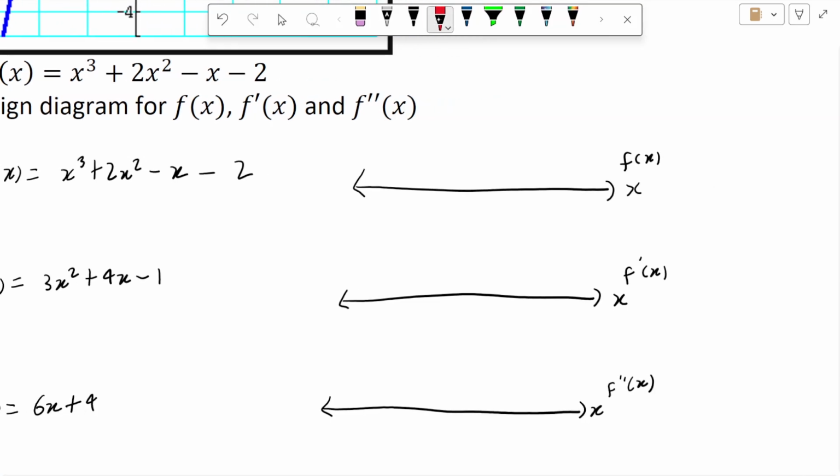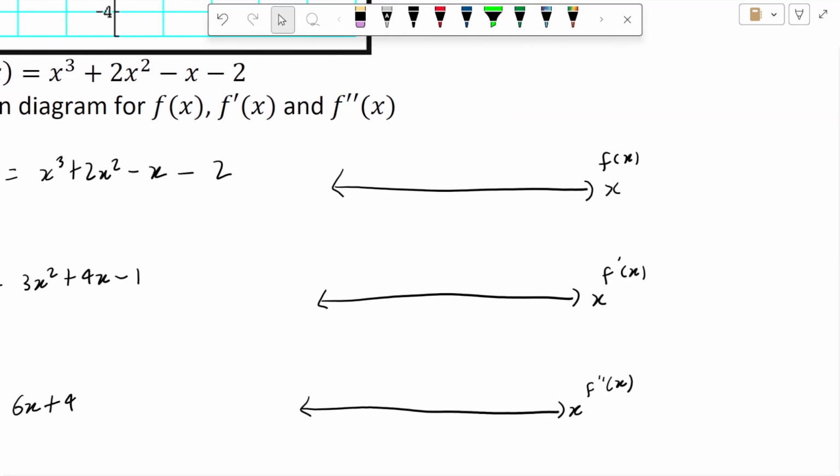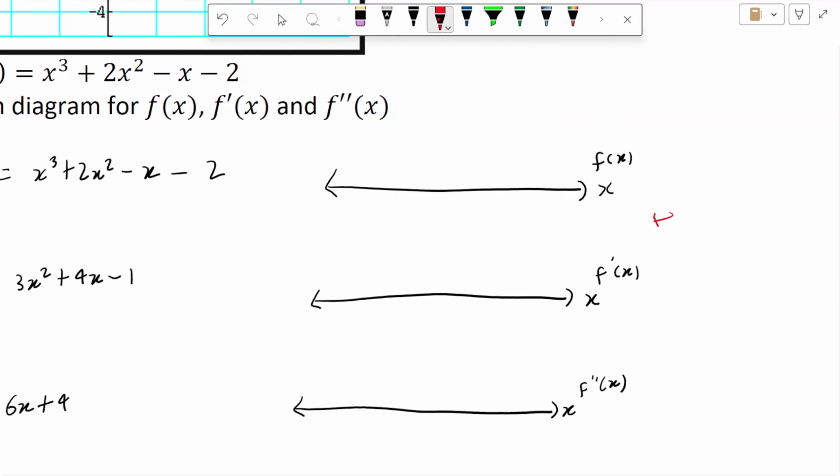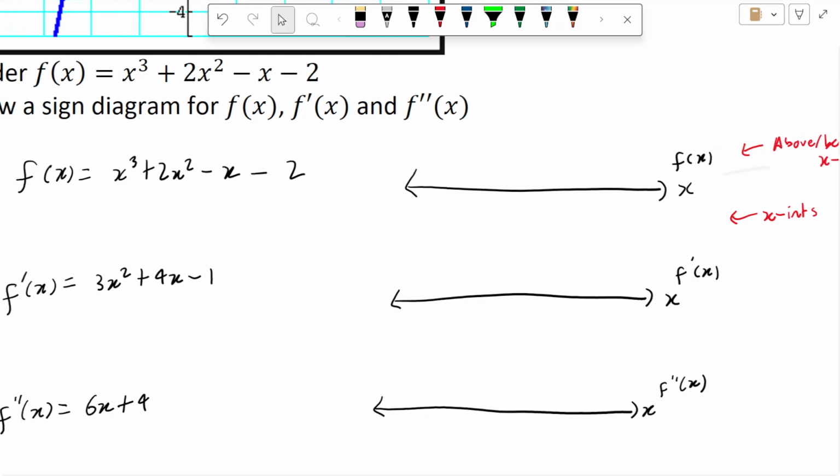Now, just a reminder, the things that go underneath this sign diagram here, according to our table, were the x-intercepts. And then the thing that goes up to tell you whether it's plus or minus was the above or below the x-axis. Now let's pretend we didn't know that.